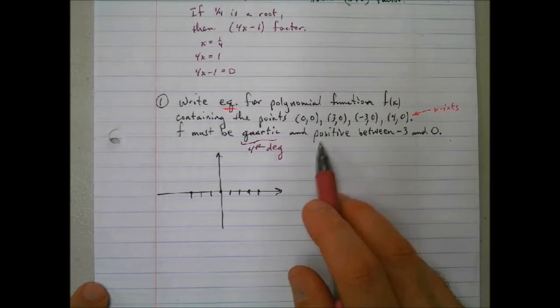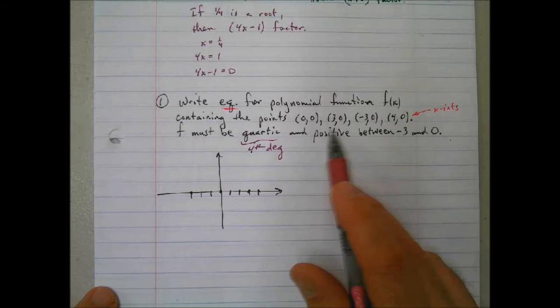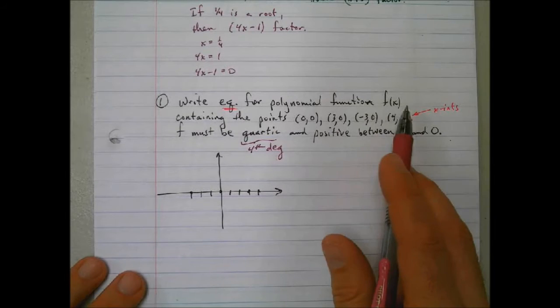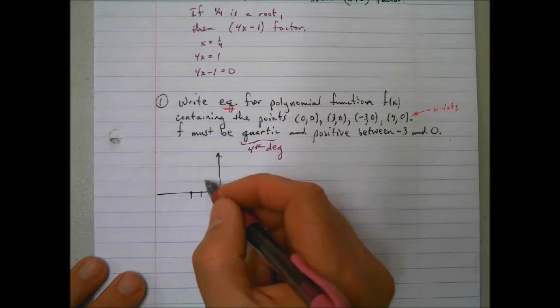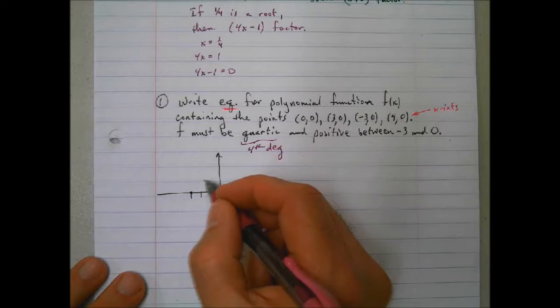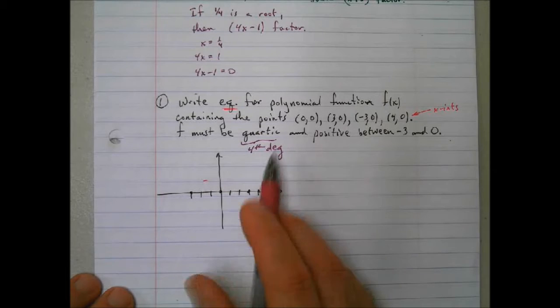Now, it said that f is positive between -3 and 0. Now, f is y, so the y's are positive between -3 and 0, so it's above the x-axis between -3 and 0.